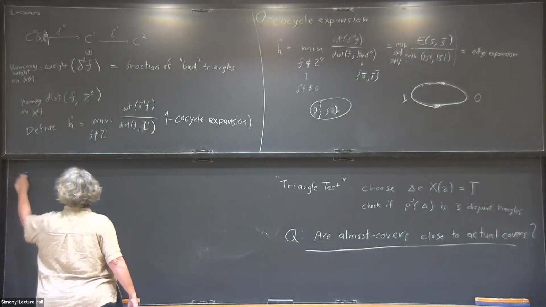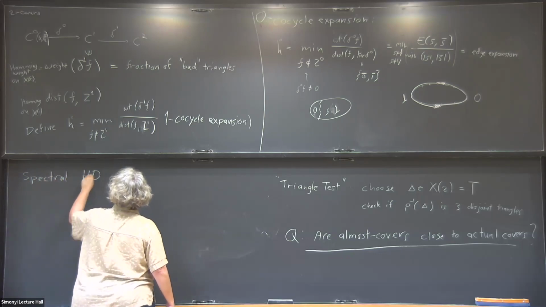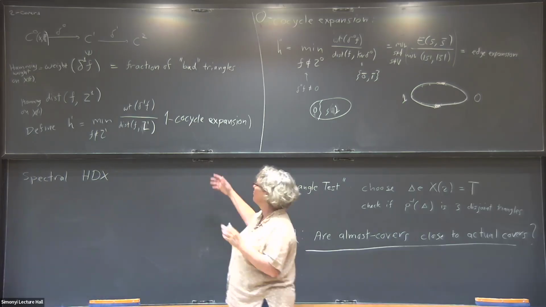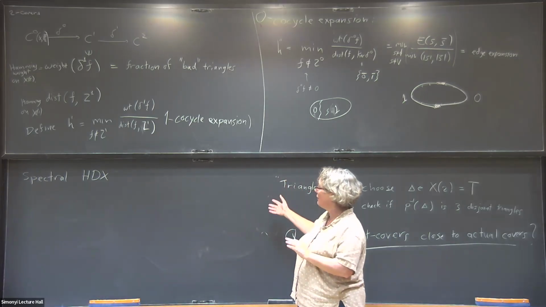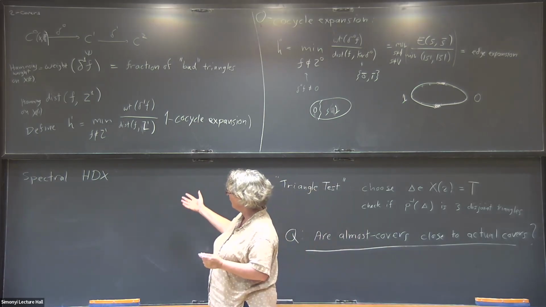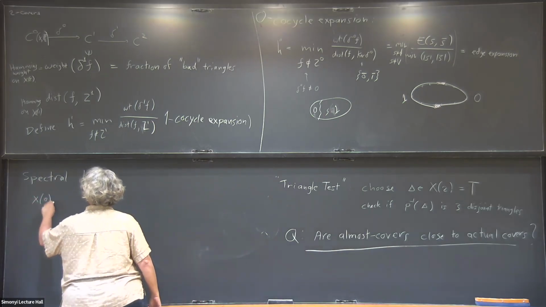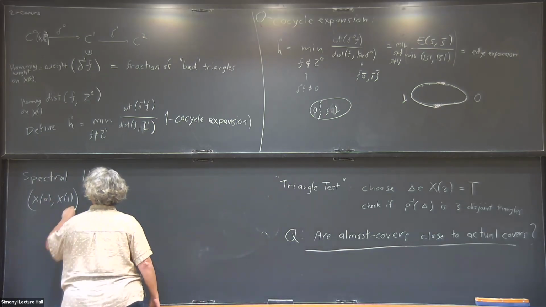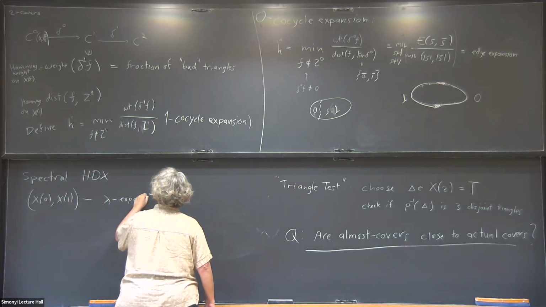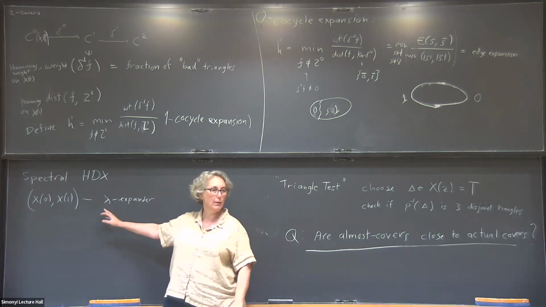Okay, so spectral expansion, high-dimensional expansion. Let me not put too much time into this. I just want to say that one way to define spectral high dimensional expansion is to say we want a complex such that X0, X1, the underlying graph, is a spectral expander, meaning that the second largest eigenvalue, normalized, is bounded by lambda.